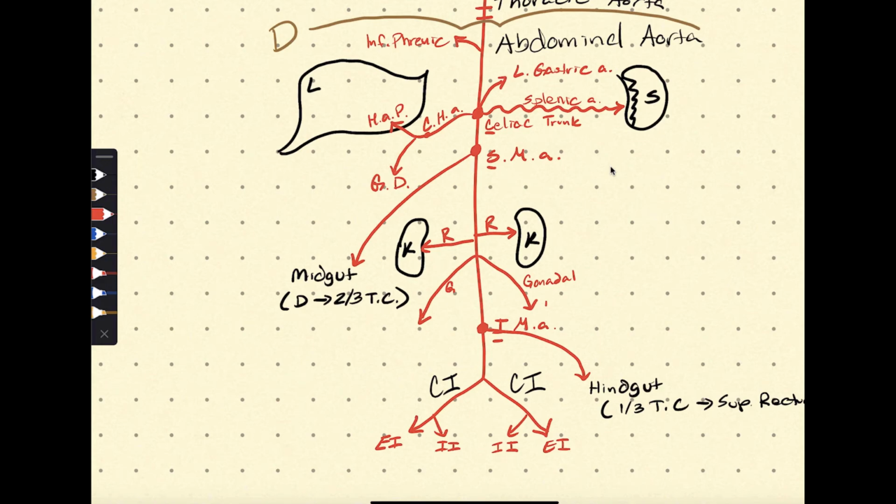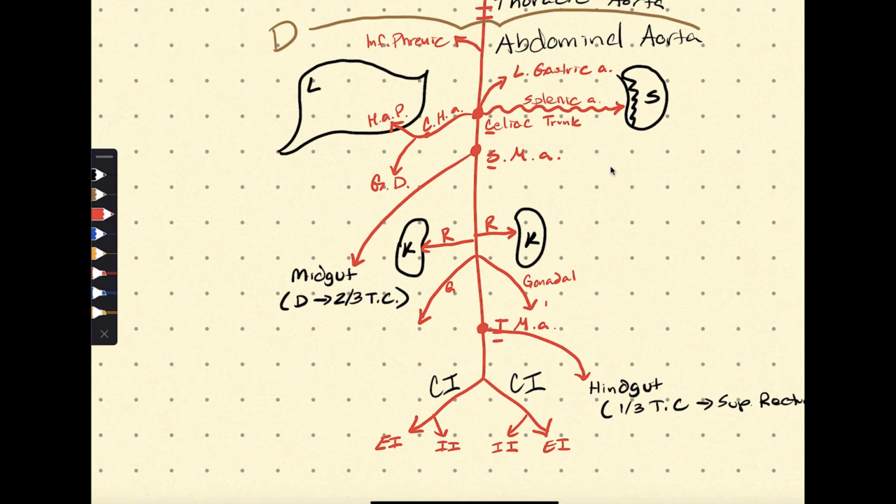Again, I mentioned a few of its branches to the middle rectal area or the inferior region of the rectum. It'll also provide blood to the vaginal canal, prostate, urinary bladder, as well as a couple of arteries to the gluteal region and the genitalia. So it'll branch significantly within that pelvis.